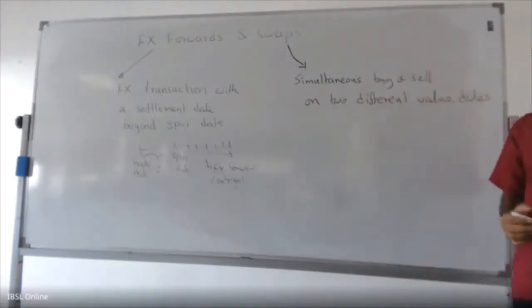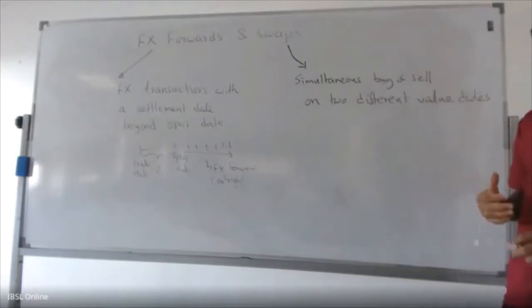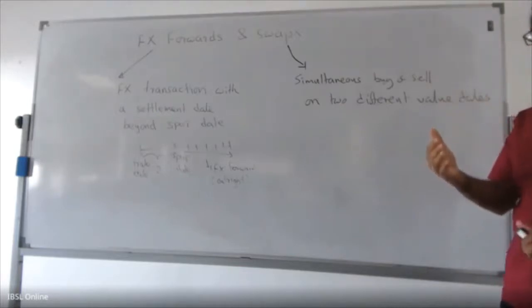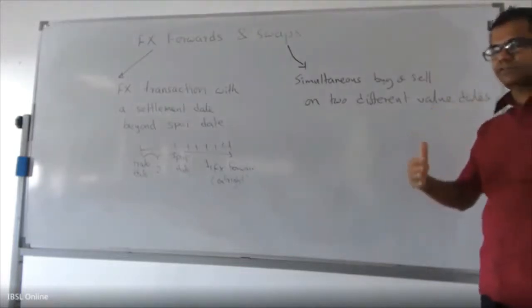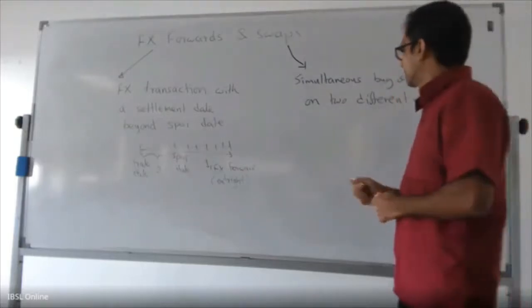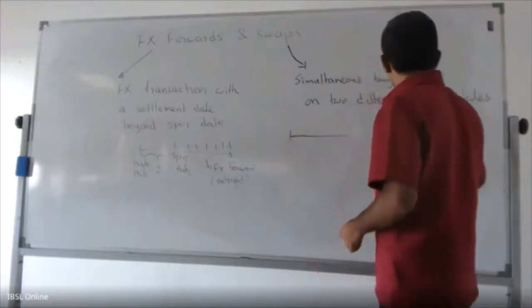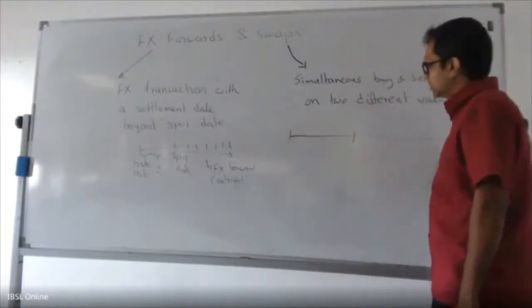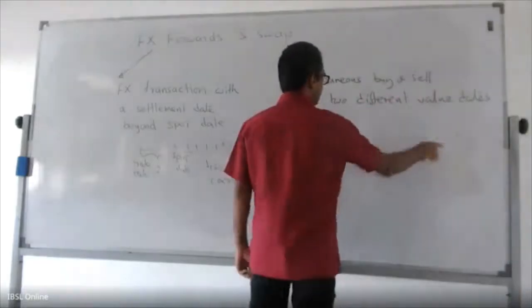You enter into an agreement to buy or sell on one particular value date and to do the reverse of it, the opposite of that, on another value date. So in this there are two value dates.